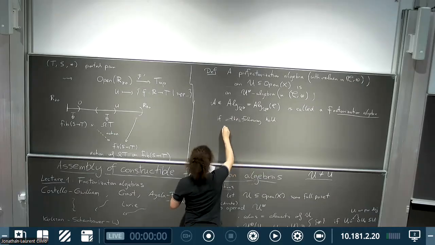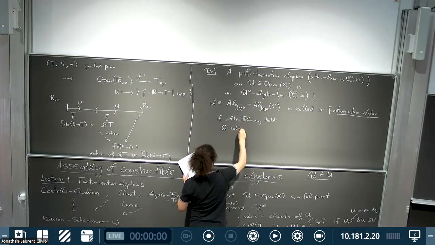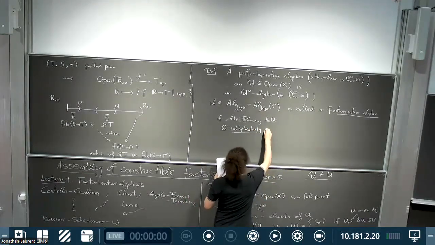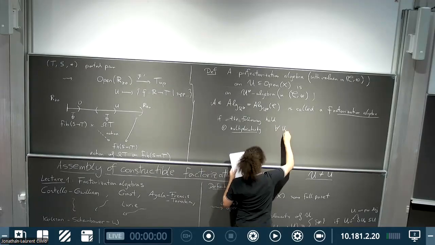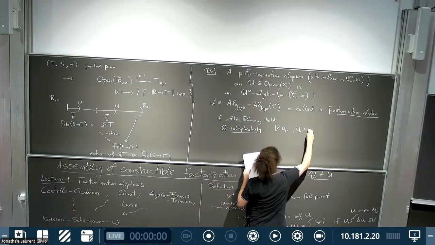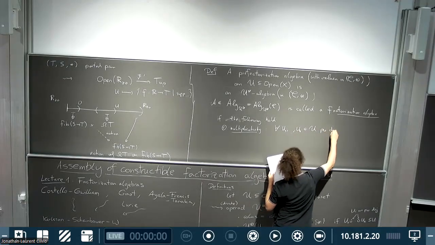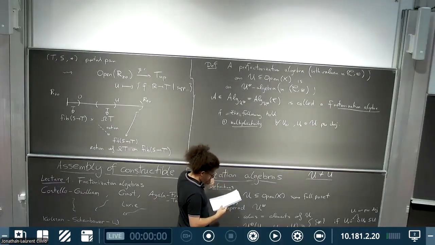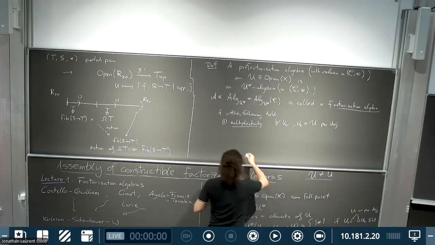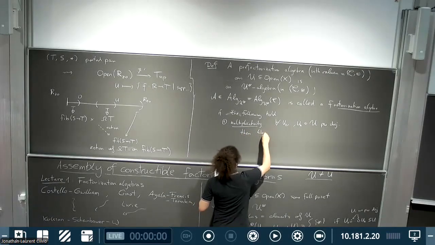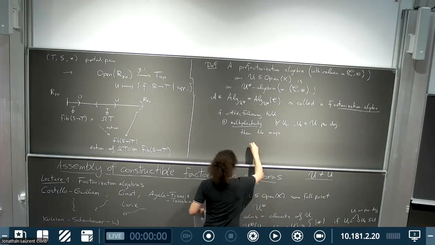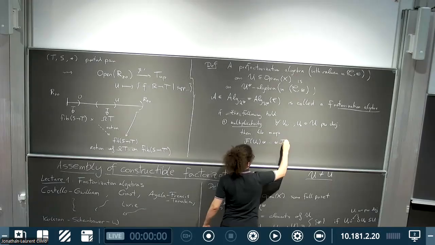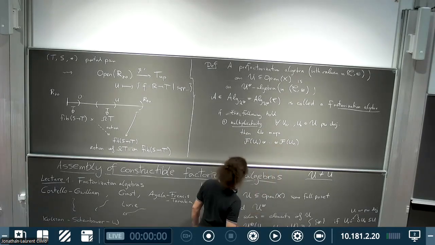So the first condition is what's called multiplicativity, which says that whenever I have pairwise disjoint elements in my set of opens, then the following map: I have f of u1, the tensor product of all of these ui's.